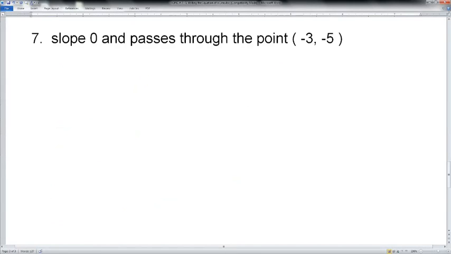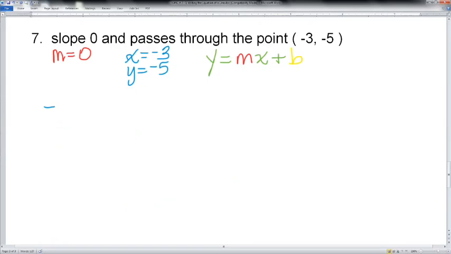Number 7, I have a slope of 0 and passes through the point (-3, -5). So I have a slope of 0, so my m is equal to 0. And I have an x-coordinate where x is equal to -3, y is equal to -5. And so I'm going to have to solve for my b again. So I have to do y equals mx plus b. So let's go ahead and plug in.